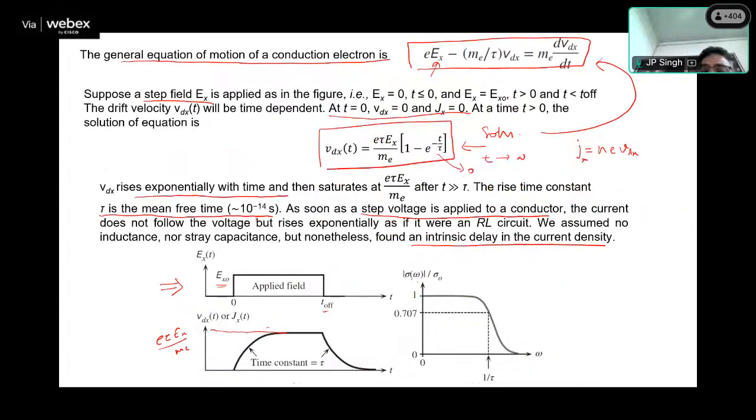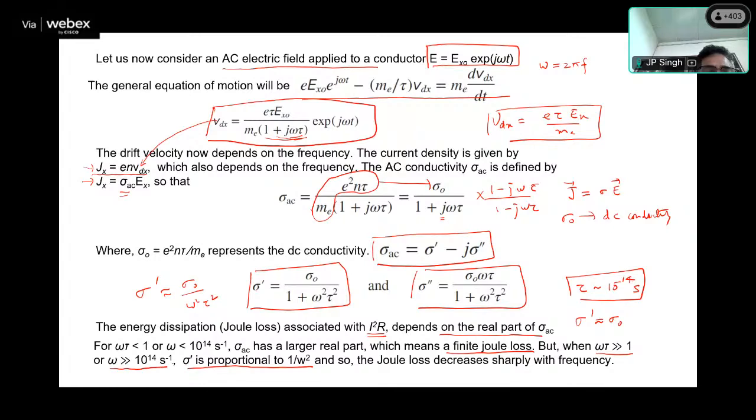That is shown here. This is the AC conductivity divided by the DC conductivity, and as we increase the frequency, it decreases. Up to some frequency value it is almost constant, and for larger frequency, around 10 to the power 14 per second angular frequency, it decreases sharply.